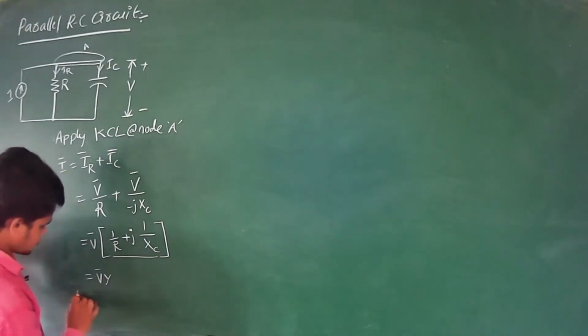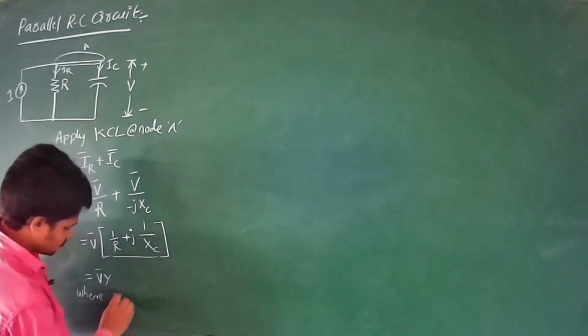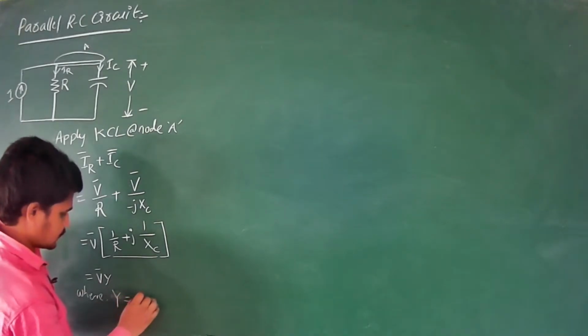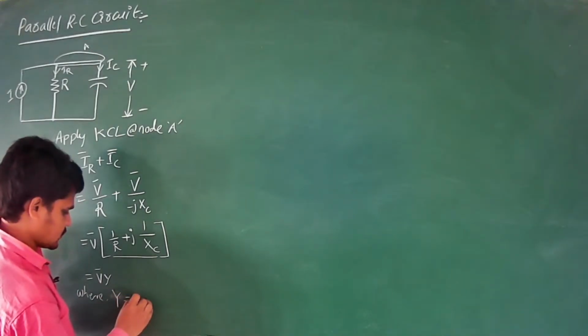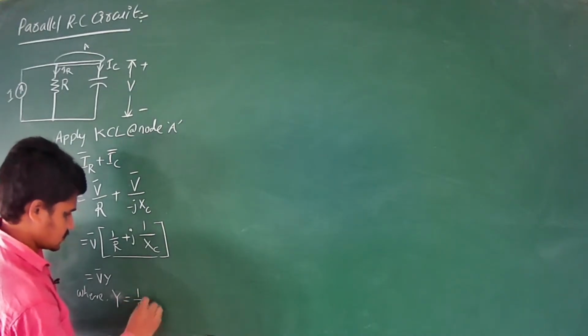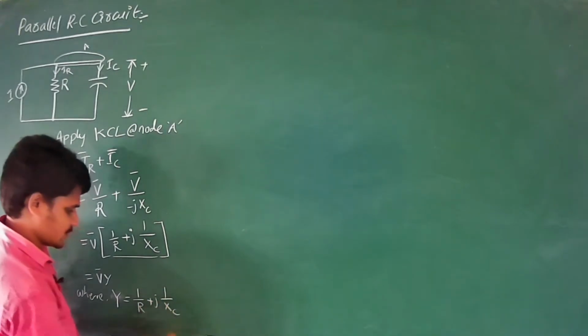Where Y is equal to 1 by R plus j times 1 by XC.